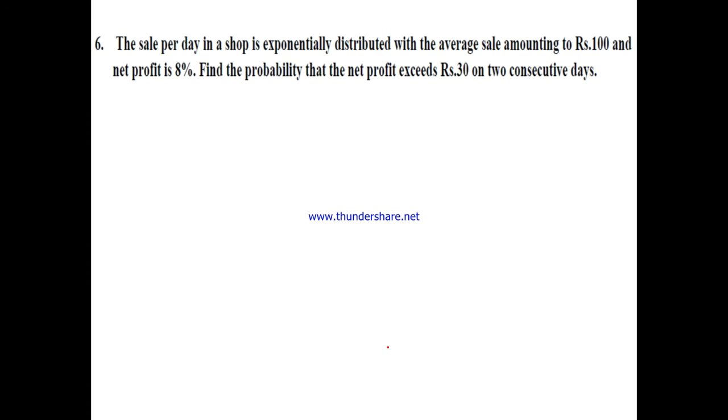Okay. Moving on to the next problem. This is the sixth problem from the notes. It says that the sale per day in a shop is exponentially distributed with the average sale amounting to rupees 100 and net profit is 8%. Find the probability that the net profit exceeds rupees 30 on 2 consecutive days. So here the problem is very clear that we have to solve it by exponential distribution.